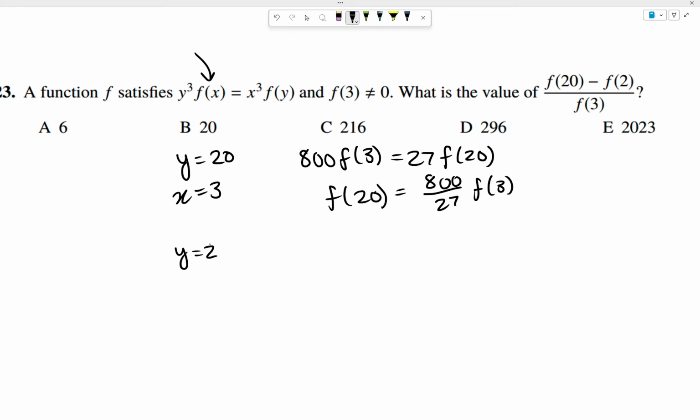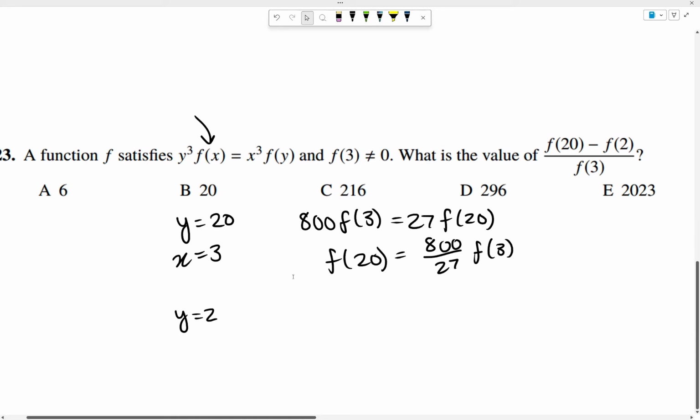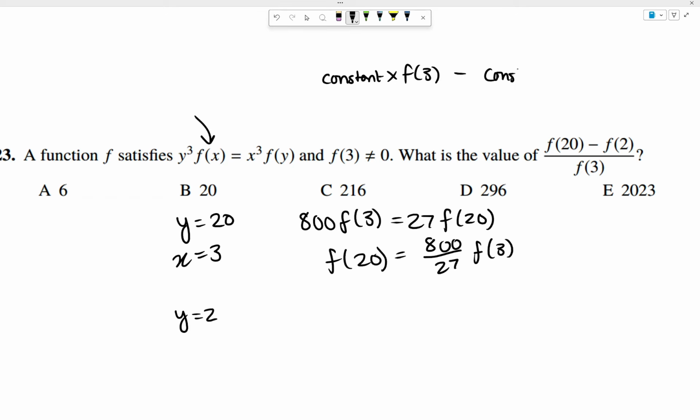Can I explain why I substituted in those values? So when I looked at the problem, it's asking me to find the value of that fraction. So if I can have some constant times f of 3 minus another constant times f of 2, all over f of 3, all the f of 3s are going to cancel.